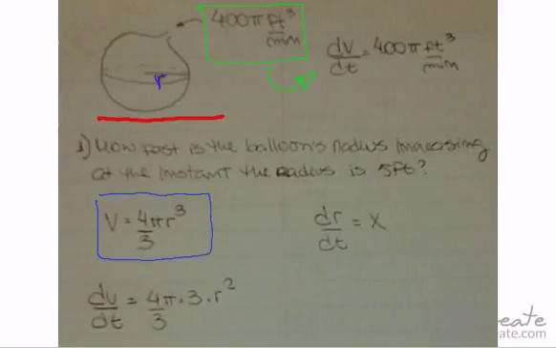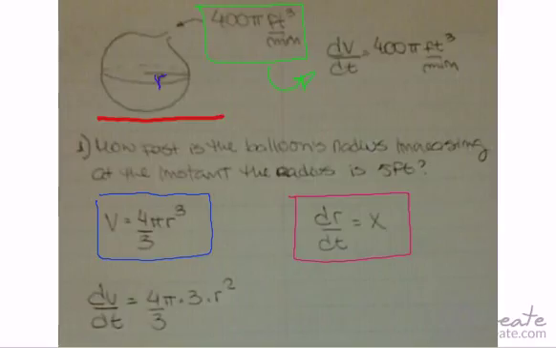We know that the volume of a sphere equals 4/3 pi r cubed. Since I'm looking for how fast the radius is increasing, I need to find the derivative of the radius with respect to t, dr/dt, as you can see here.